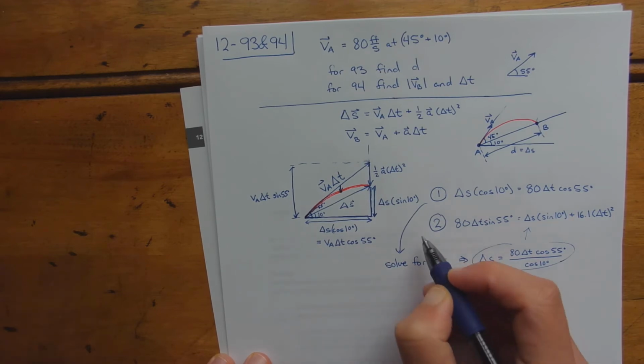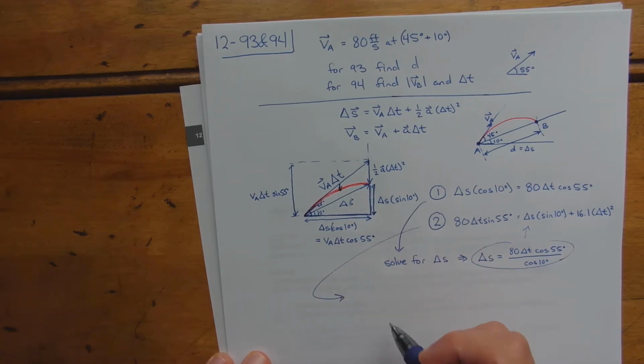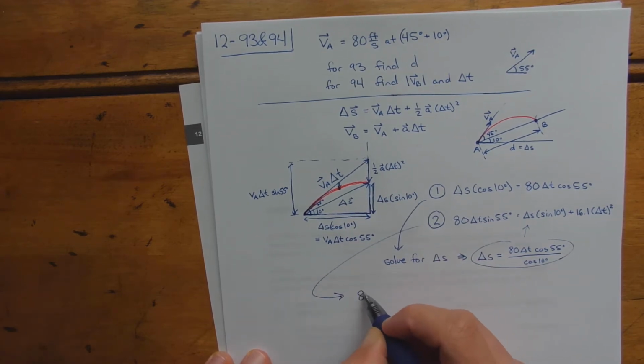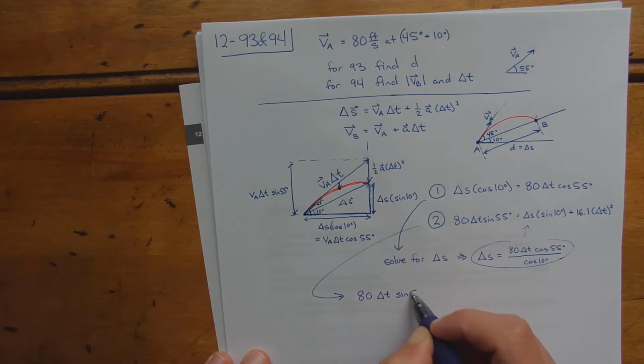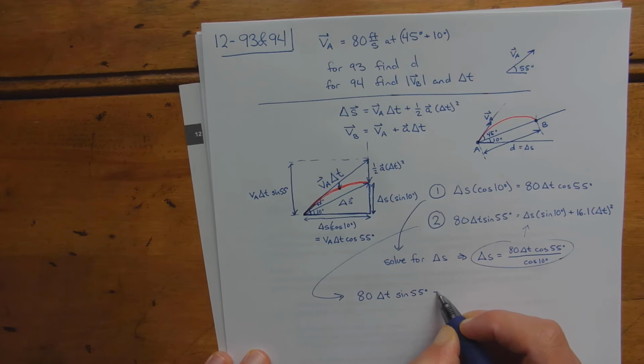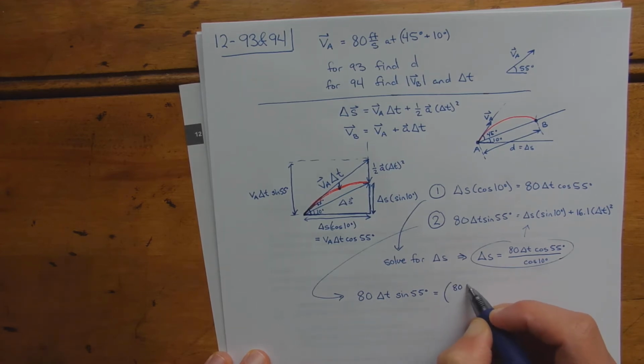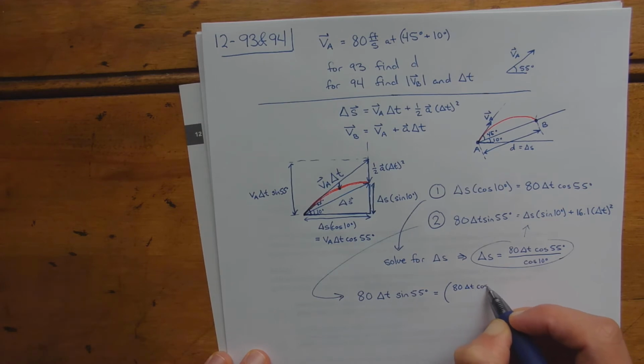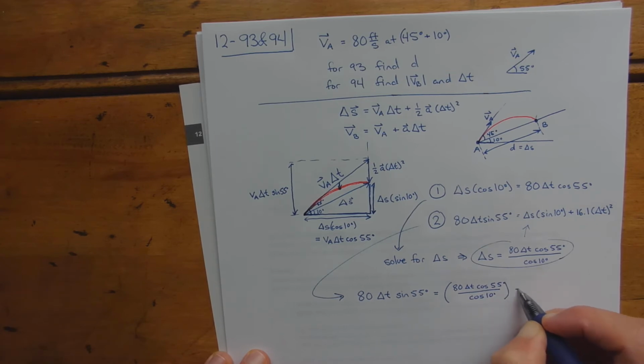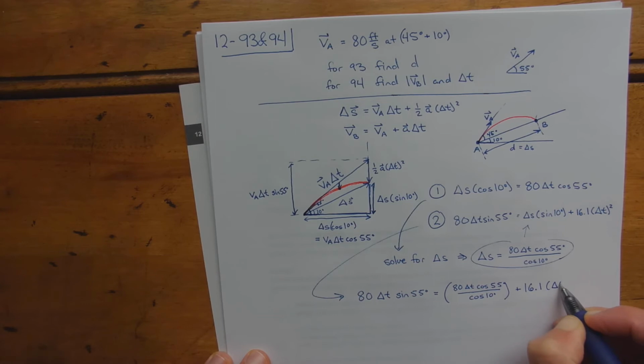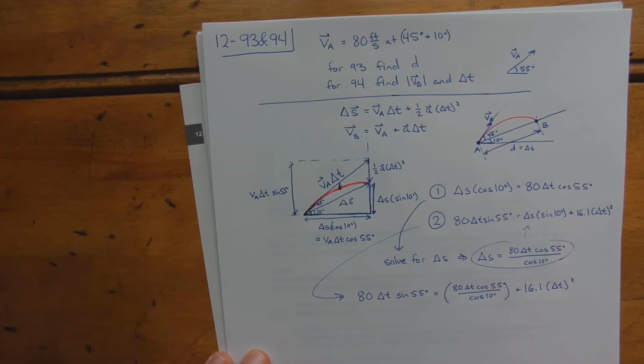So now I have 80 times delta t times sine of 55 degrees is equal to delta S, but delta S is 80 times delta t times cosine of 55 degrees divided by cosine of 10 degrees plus 16.1 times delta t squared.